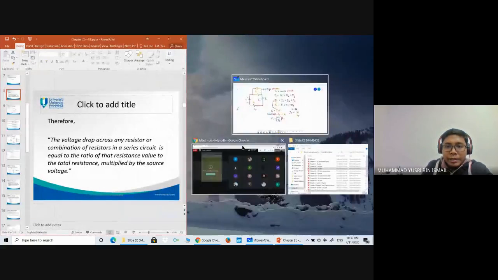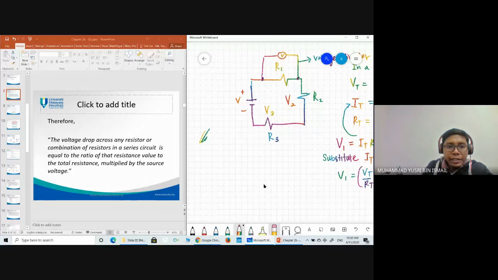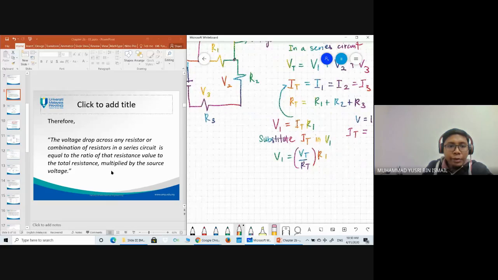So here, the voltage supply is the source voltage, and then the total resistance is this part, and then the ratio of the resistance value is basically a ratio between the particular resistor and the summation of all the resistors.